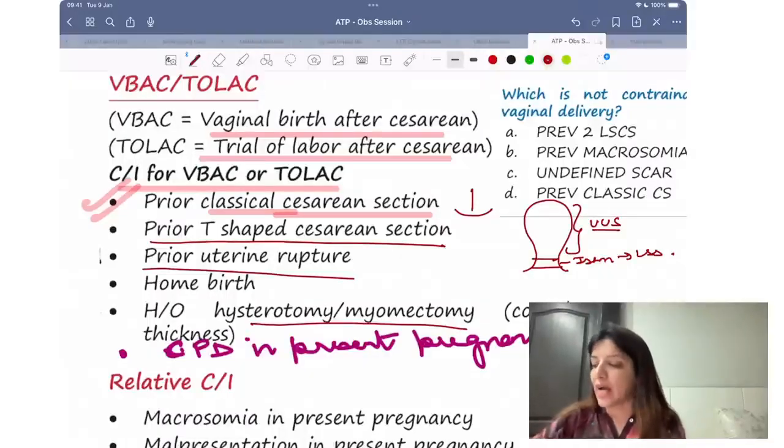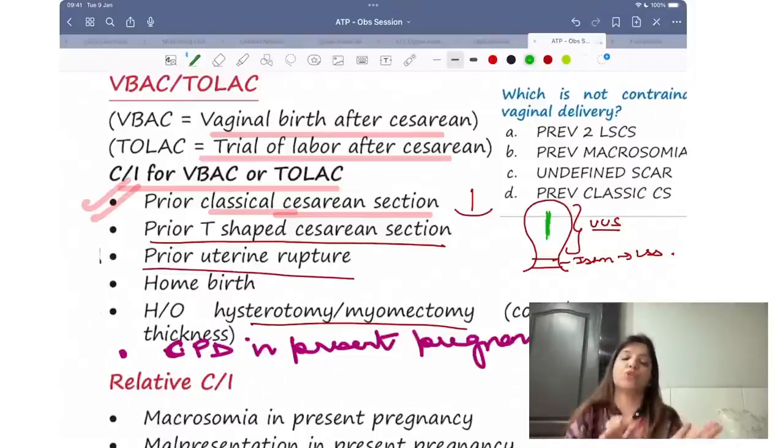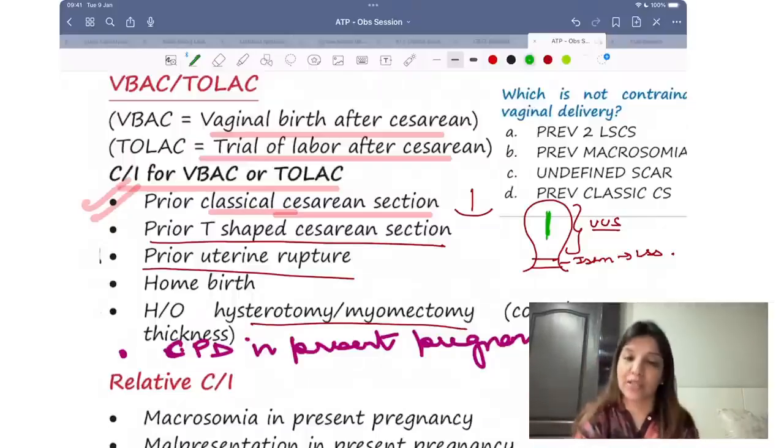So if suppose I have done a myomectomy, right? Non-pregnant patient thi, I did myomectomy, or I did hysterotomy. I did a surgery on the uterus. So when I am doing a surgery on the uterus, this is the uterus which is going to form upper uterine segment. So ये scar behave करेगा like classical cesarean section का scar.